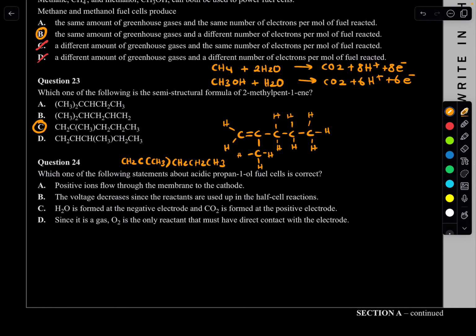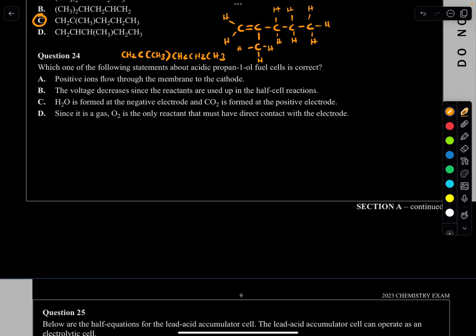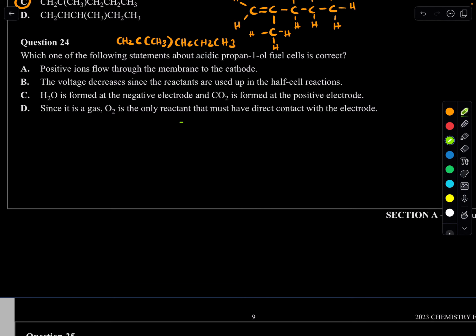Beautiful. Question 24. Which of the following statements about acidic propan-1-ol fuel cells is correct? Positive ions flow through the membrane to the cathode. So I'm just going to draw a little sample fuel cell here. Let's say this is your propan-1-ol fuel cell.